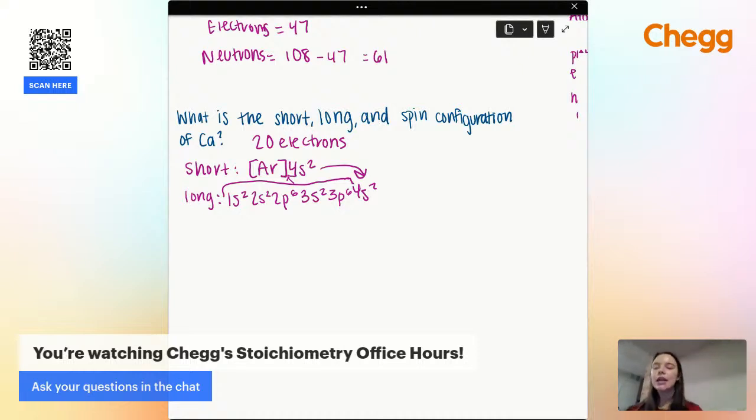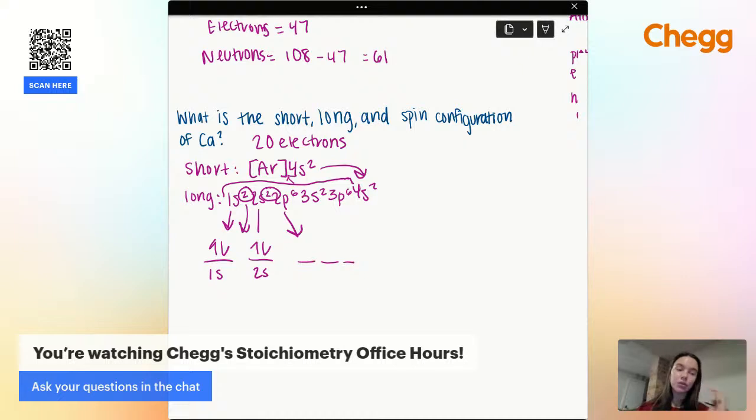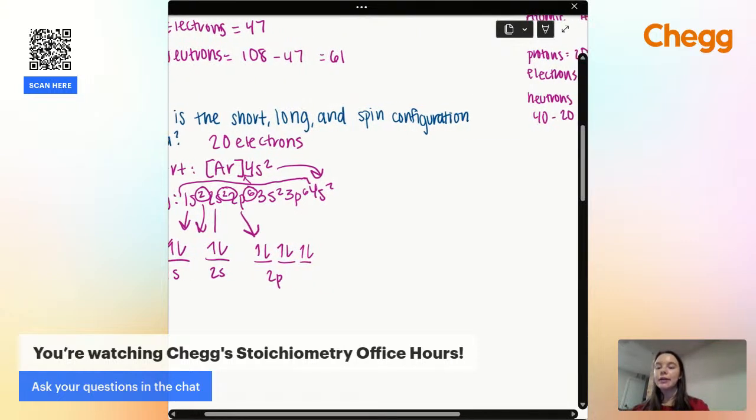So let's write it out nice and easy. We have the 1s orbital with 2 electrons represented by that 2. So we have 1 up, 1 down arrow. Same with the 2s. Got that 2, 1 up, 1 down orbital. 2p. That's going to have 3 subshells. So 3 lines. We're at 2p. Up, up, up, down, down, down. 6 arrows, 6 electrons. 3s.